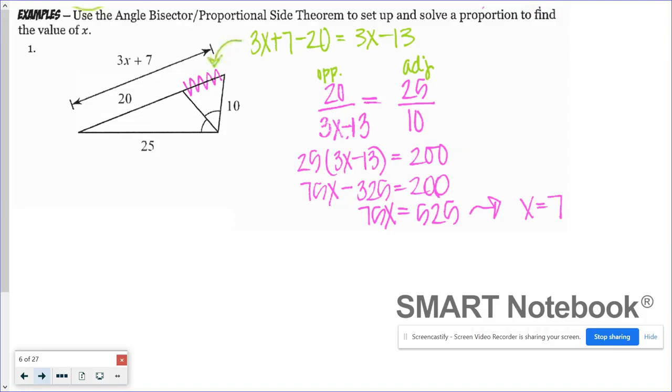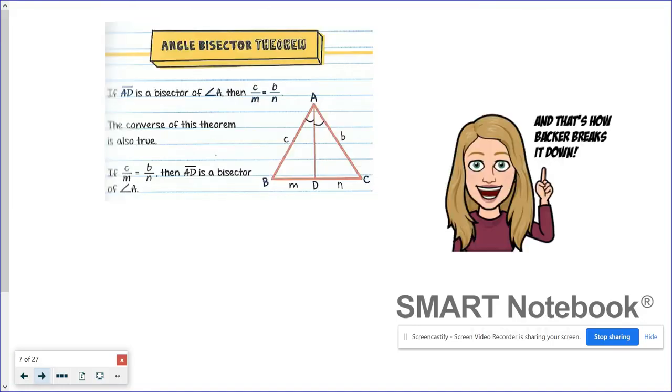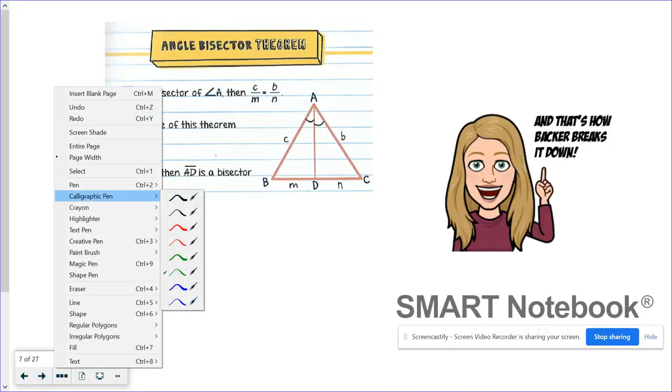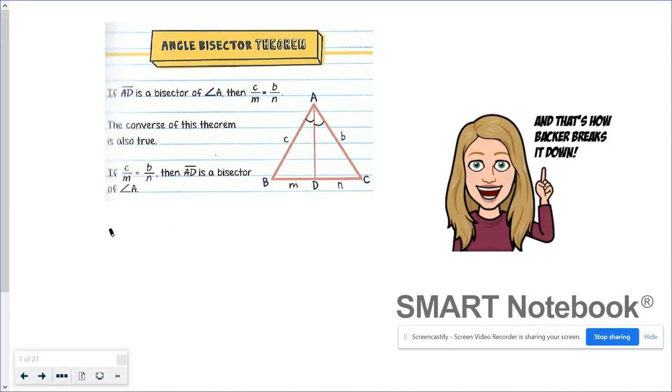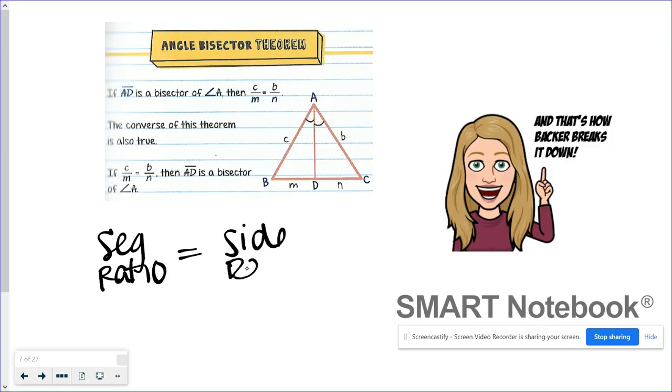But we can set up our proportion using like one of two setups. So you can do like the segment ratio equals the side ratio. That's one way of setting up these types of problems. Or you can do like segment over side equals segment over side.